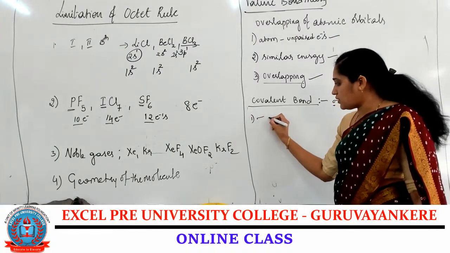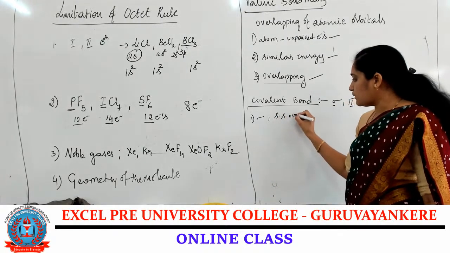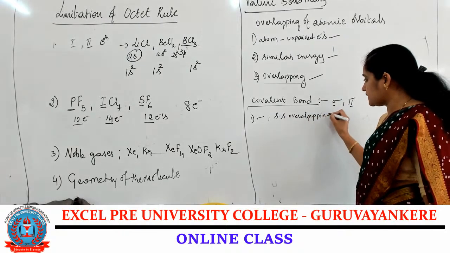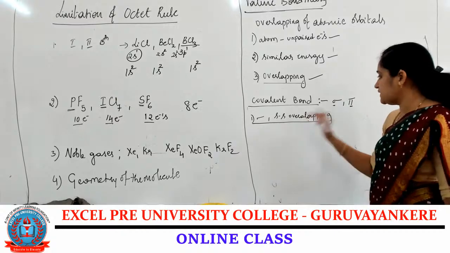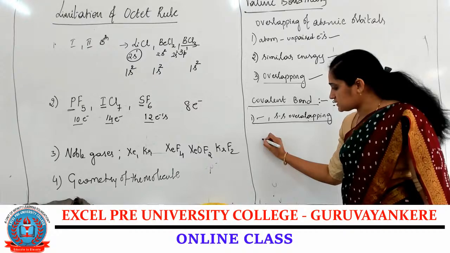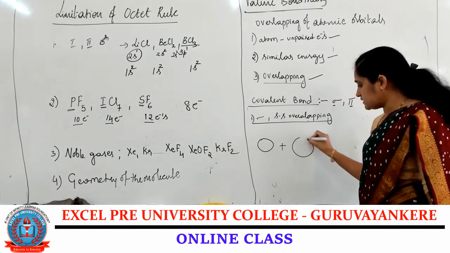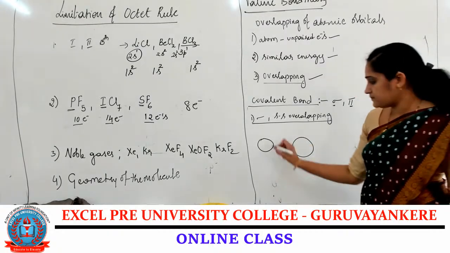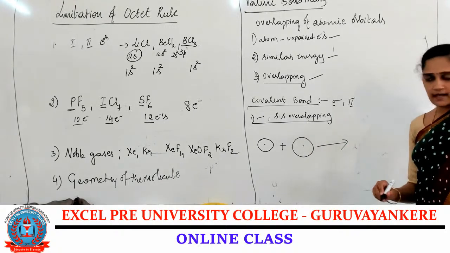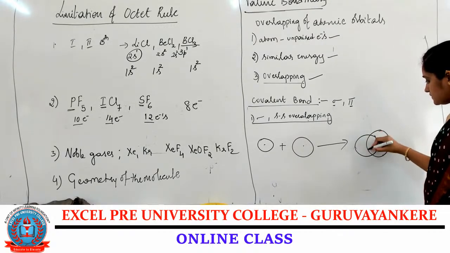First one, formation of sigma bond by s-s overlapping. s-s overlapping is nothing but an s orbital, spherical in shape, and another s orbital, spherical in shape, undergoing overlapping like this.